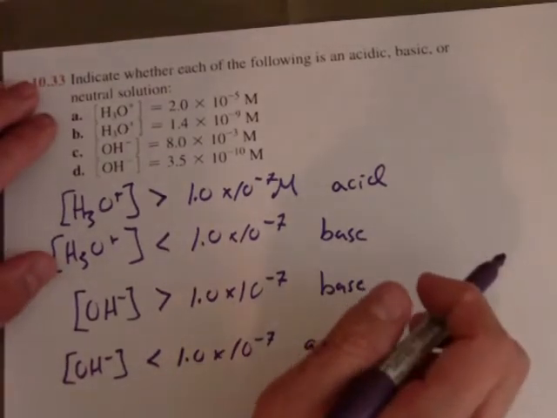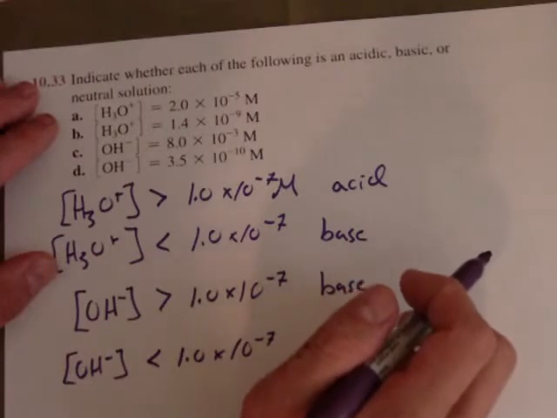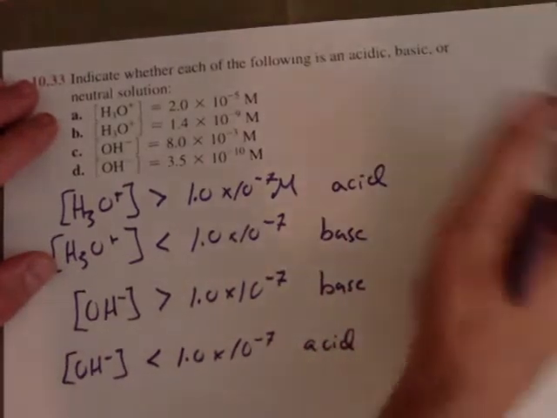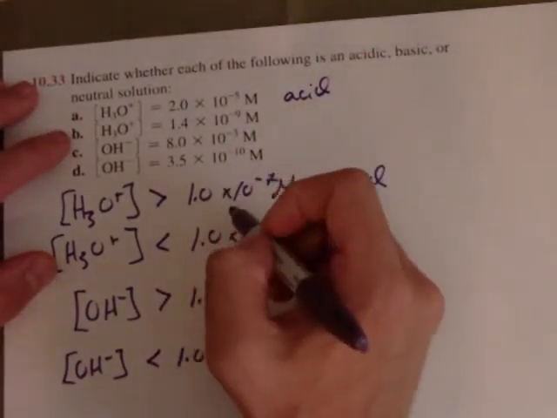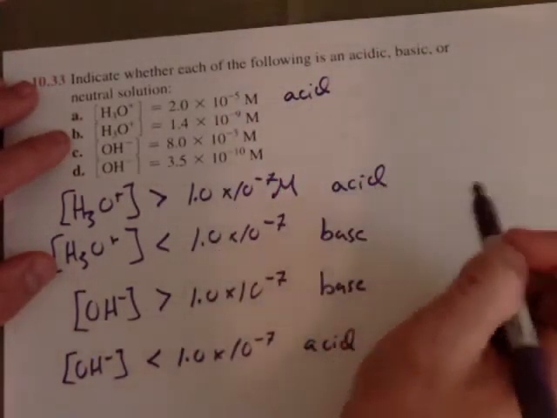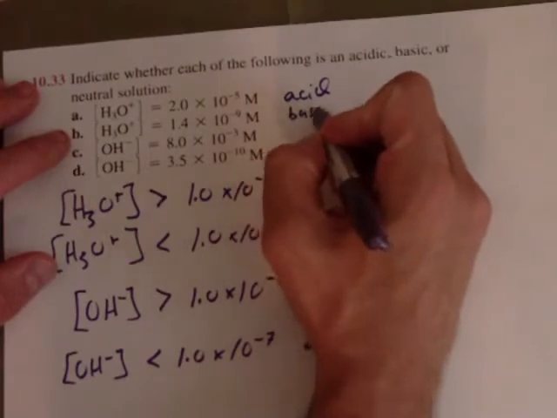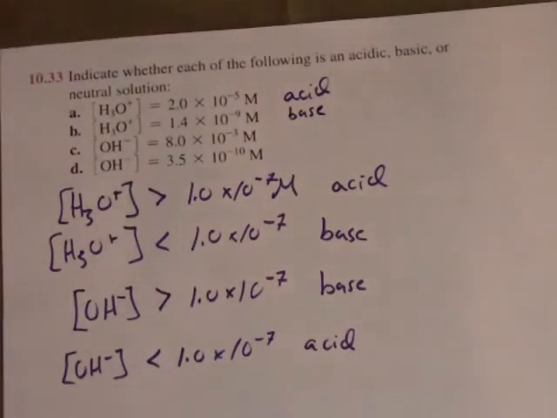In A, we have H3O plus that's greater than 10 to the minus 7, so that's acid. And in B, we have it less than 10 to the minus 7, so that is base. Remember, we're dealing with negative exponents, so it may be confusing because of that.